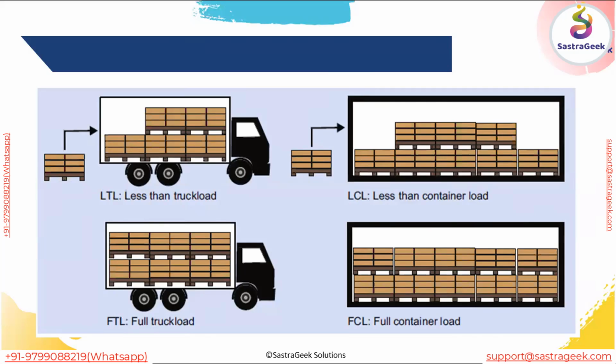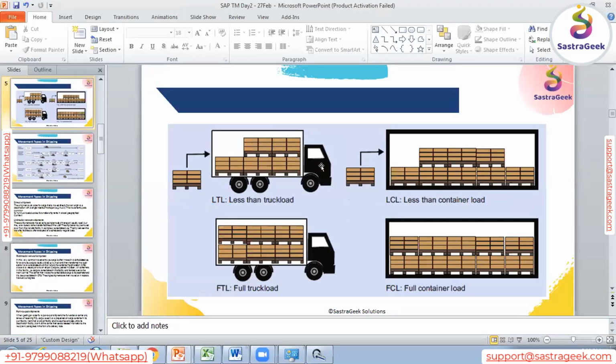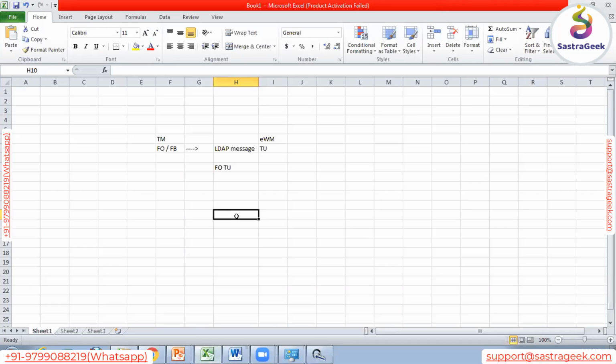Okay, that's a good question. I will explain it on the Excel, it will be better. Suppose this is shipper 1, shipper 2, shipper 3.